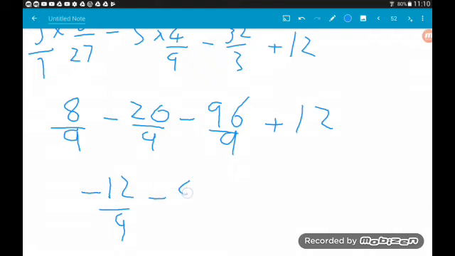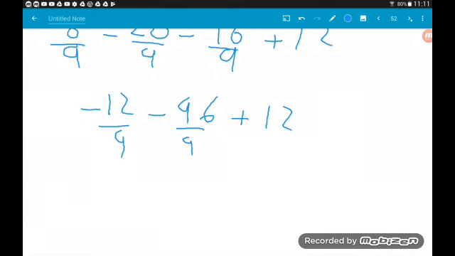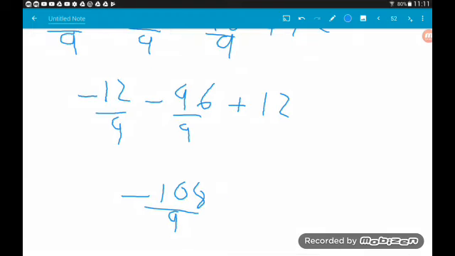Then we've got minus 96 ninths, and then plus 12. I never put my phone on silent. Now minus 12 ninths minus 96 ninths gives us minus 108 ninths. Plus 12.